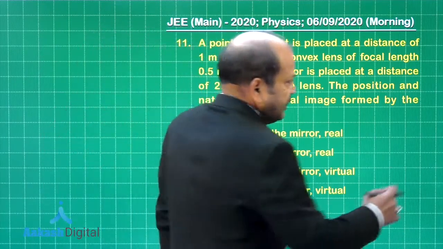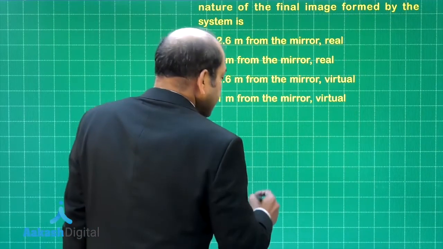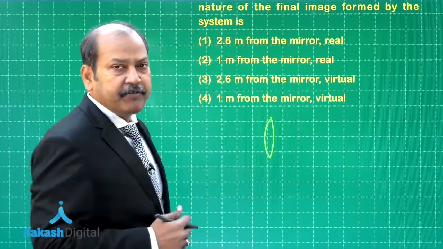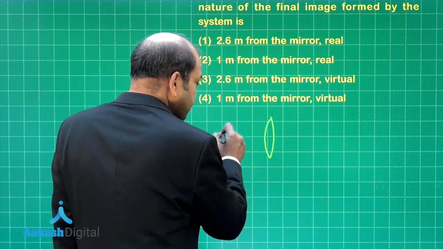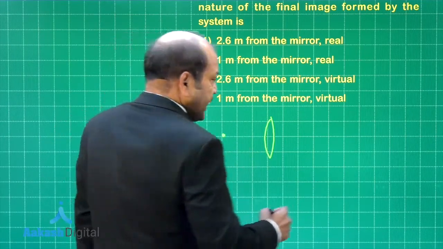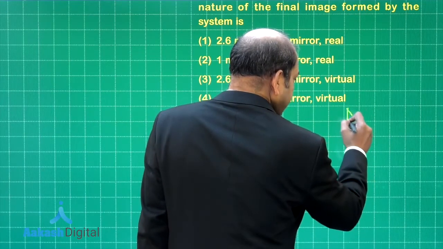Let us depict the situation with the help of a diagram. We have a convex lens whose focal length is given as 0.5 meter. The object is placed at a distance of 1 meter from the lens. So, let us say here is the object and here is the lens, and the mirror is placed at a distance of 2 meter from the lens.